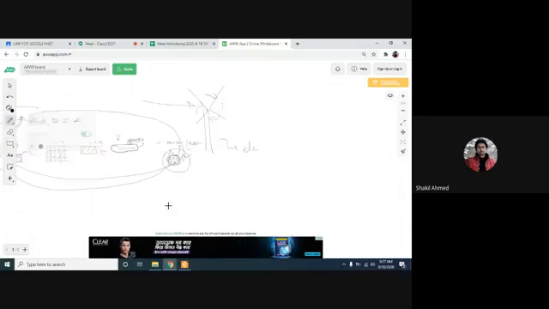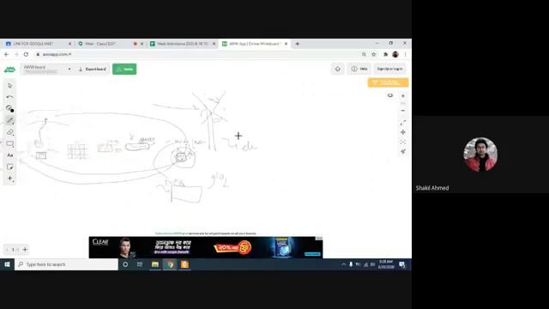But if you use a generator which uses diesel, this diesel is also fossil fuel that emits carbon dioxide. So this windmill is a renewable energy source of power.